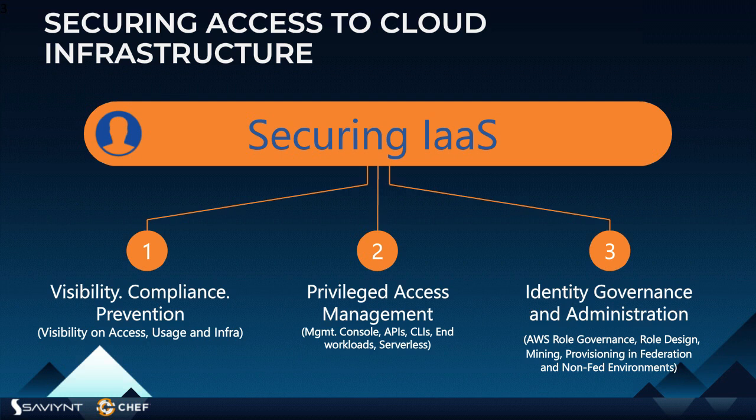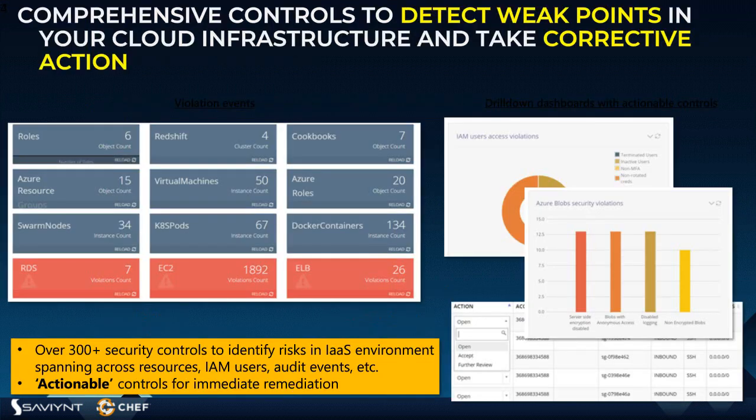So let's talk about the first pillar, which is how do you gain visibility and how do you map that to your compliance framework. Gaining visibility requires continuous monitoring of your cloud environments against a predefined set of risk and security controls to detect vulnerabilities. Discovering insecure workloads and tying it further to understand who has access to those workloads and what they are really doing with that access is extremely important.